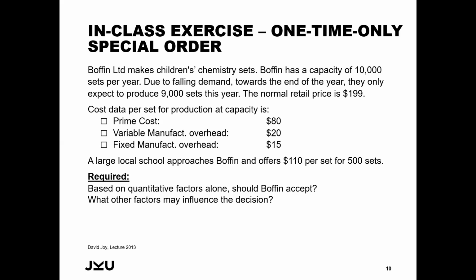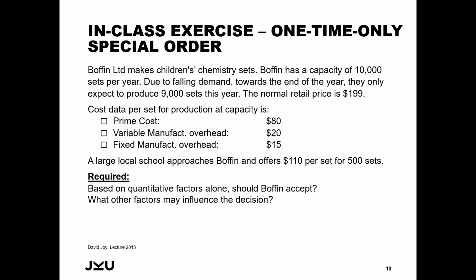But now, at the end of the year, we have the capacity. We could earn $10 times 500. So yes, Boffin should accept that offer based on the calculation of only the variable costs.